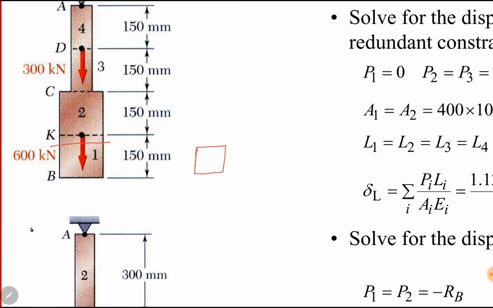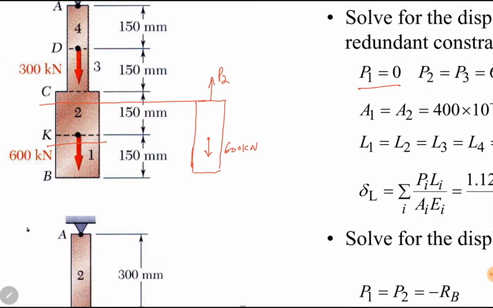There is no force acting on section 1, so P1 is 0. After that, we have to draw another section, which is section 2, this one. There is a force acting, which is 600 kilonewton. There will be a reaction force P2. Summation of forces is equal to 0. So P2 is 600 kilonewton.